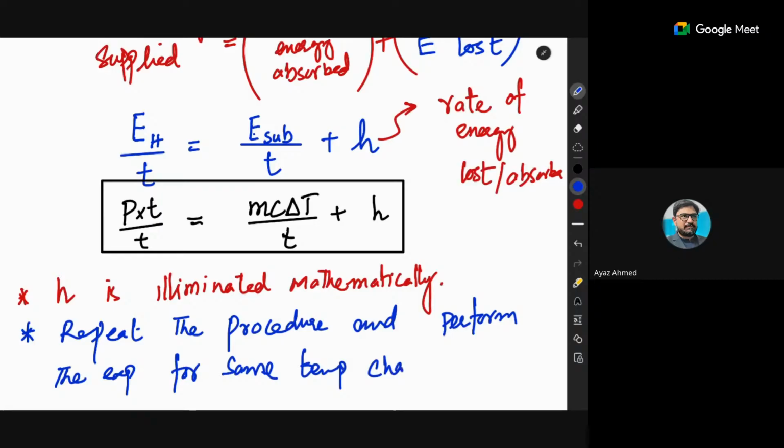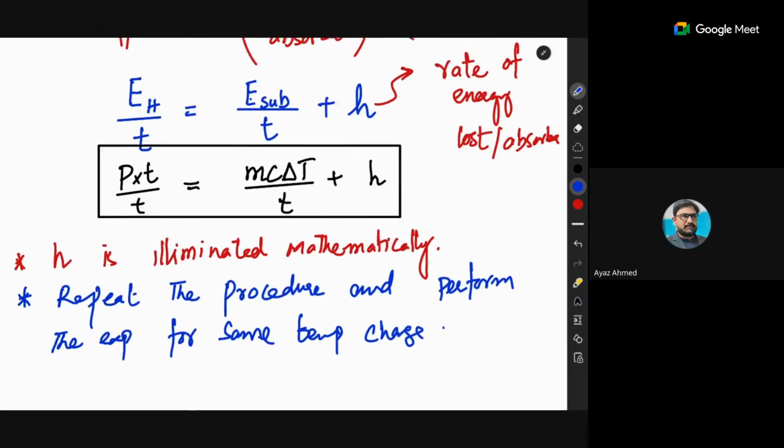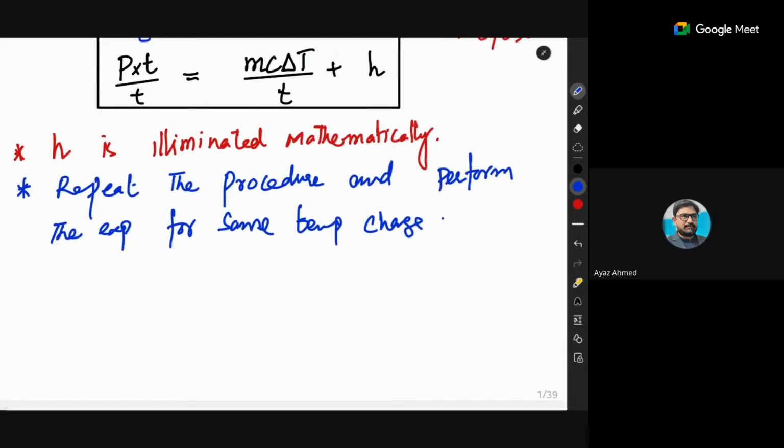During this, you can use the power of the heater in a different way: P1 into T divided by T equals mc delta T divided by T plus H. This will be the first reading you have taken.